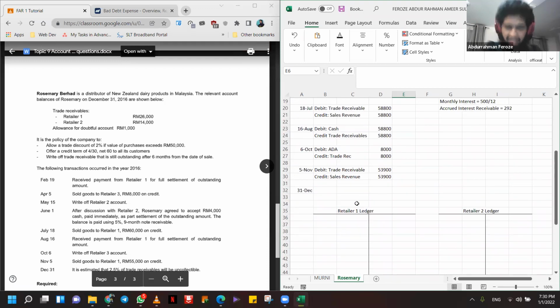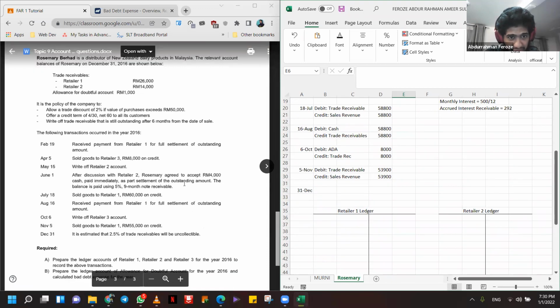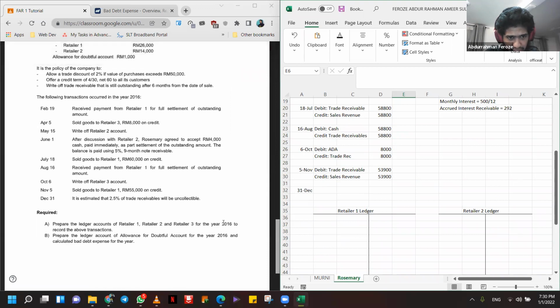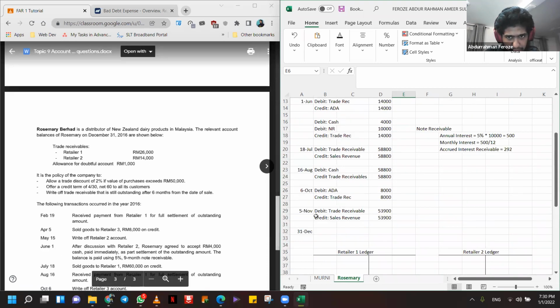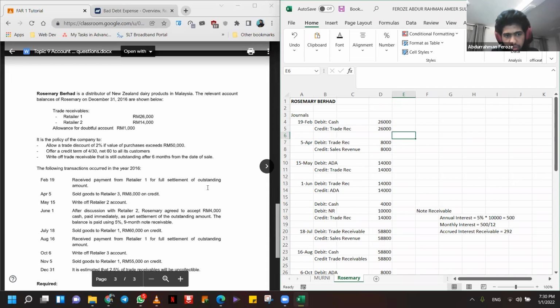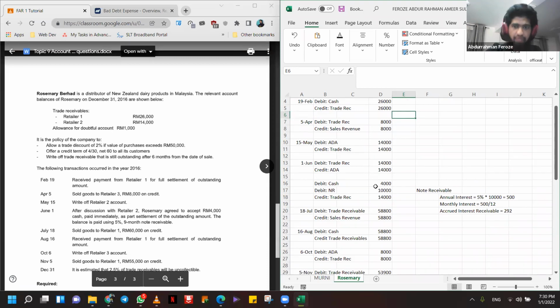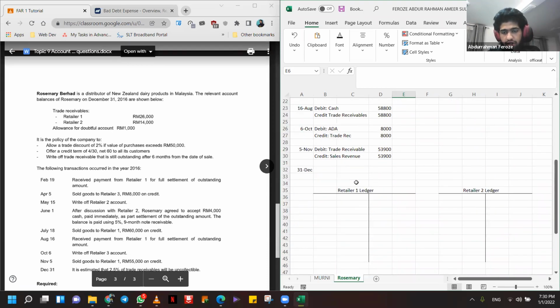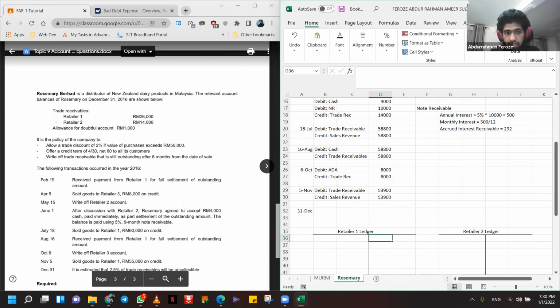I was just getting a bit confused with the ledger for retailer 1. All right, so the first one over here, we have debited cash. We have received cash from retailer 1.